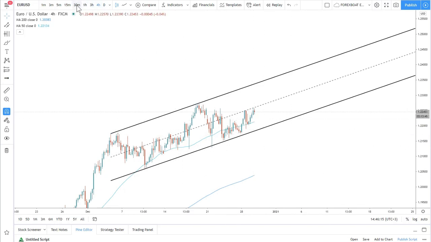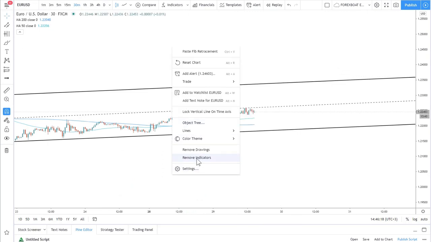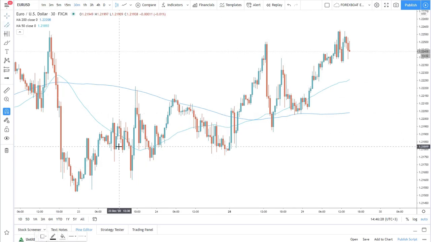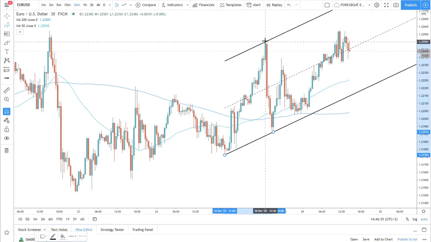But if I go to 30-minute chart and we do the same, we can apply channel also here. Always try to use the latest channel, not the oldest. And the latest what we have is 2 lows and the highest point in between them. Nothing has happened. So let's use the previous ones.